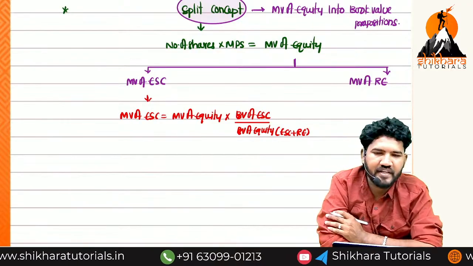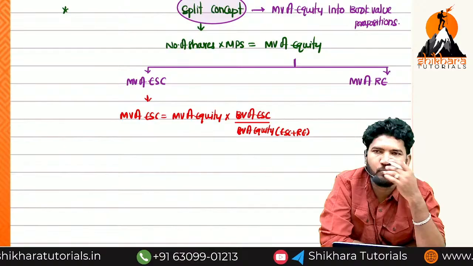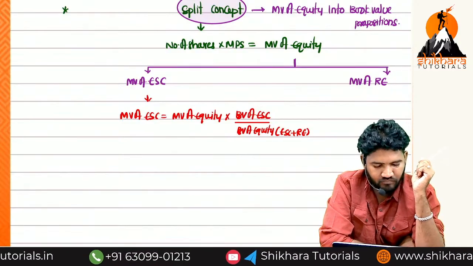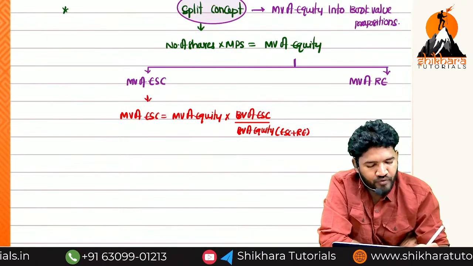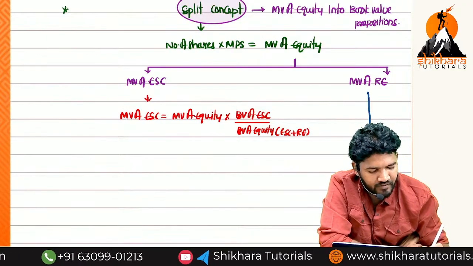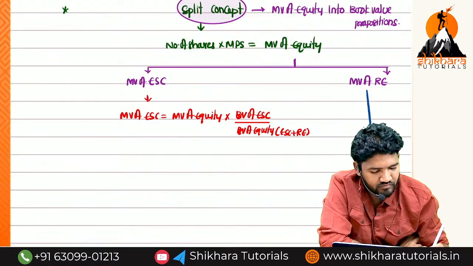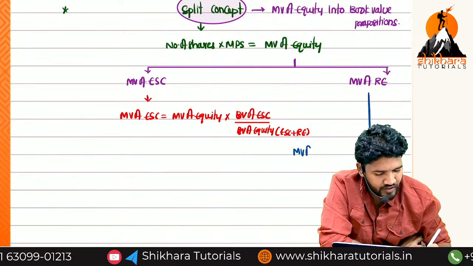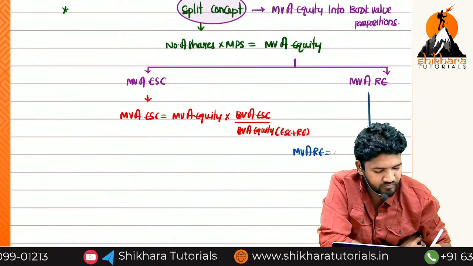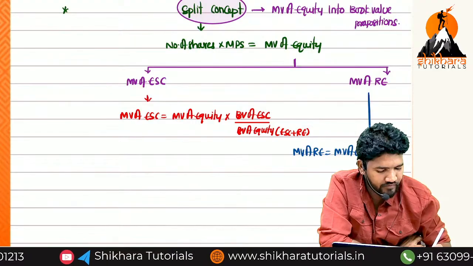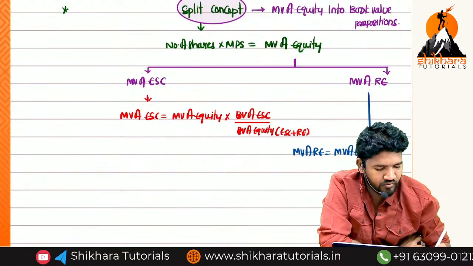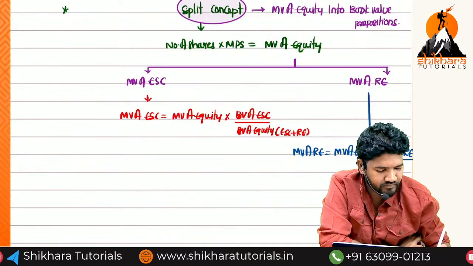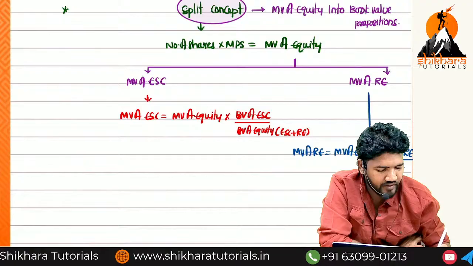Book value of equity share capital plus book value of retained earnings is known as book value of equity. Now how do you get the market value of retained earnings share? Market value of retained earnings equals market value of equity into book value of retained earnings divided by book value of equity.